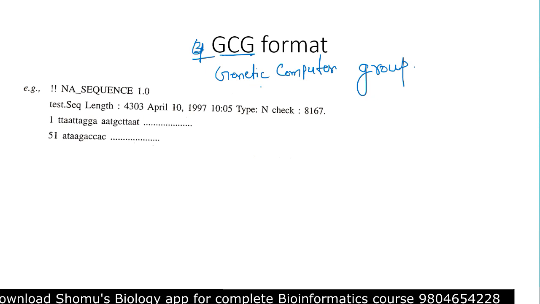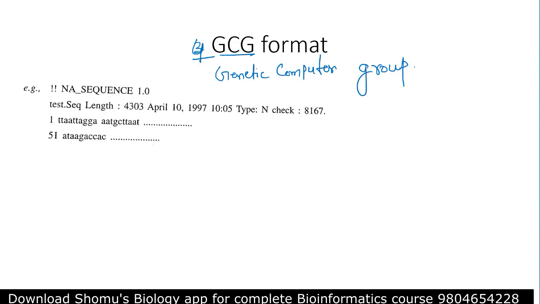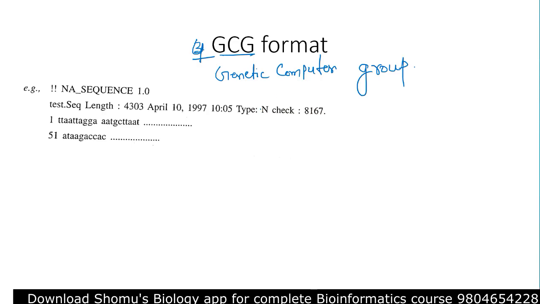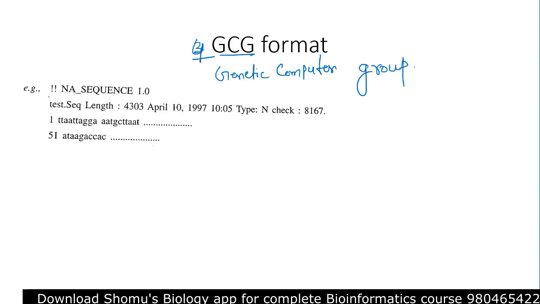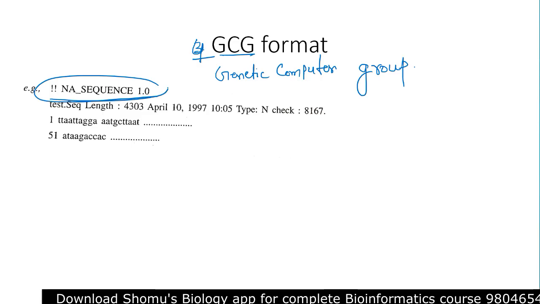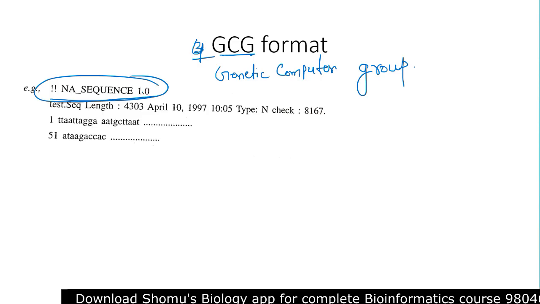Genetic computer group format, GCG. Okay, so in this format what happens? It begins with annotation. This is the line for whatever sequence version is mentioned for the nucleic acid.